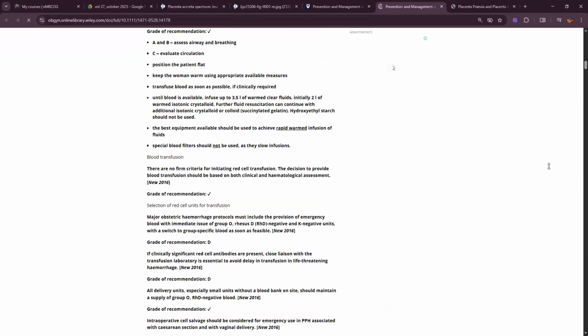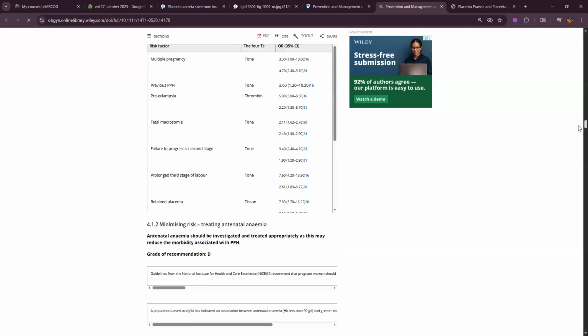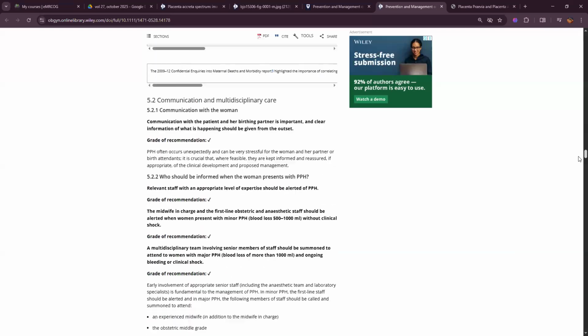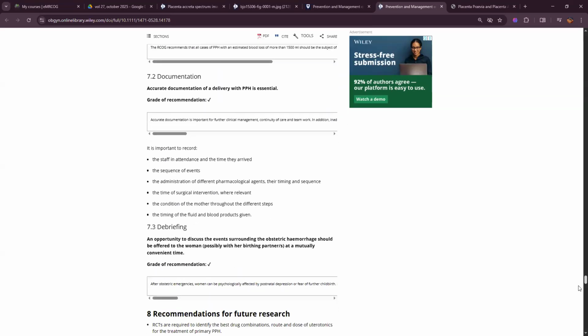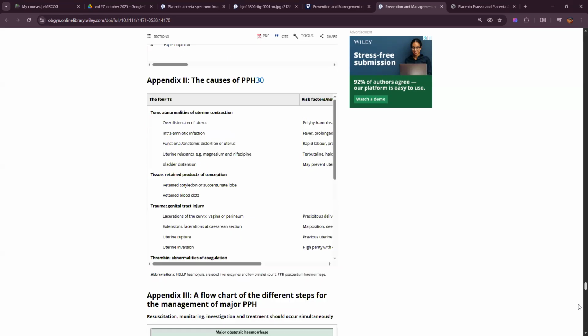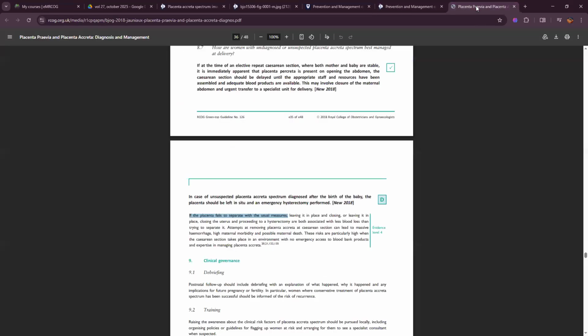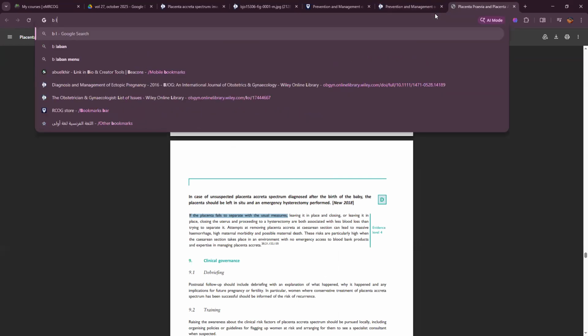Yeah, but it's not a first line. It should be done after you have already tried so many things and it's not working. Really? We don't have a picture even in the guideline? Anyway, let me show it to you.